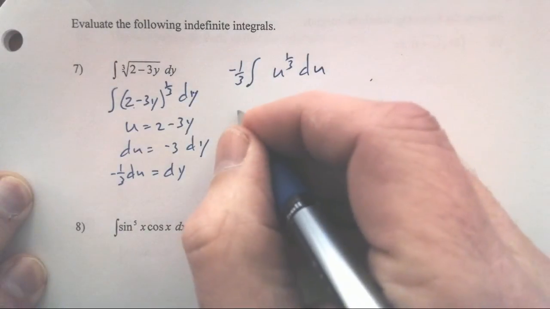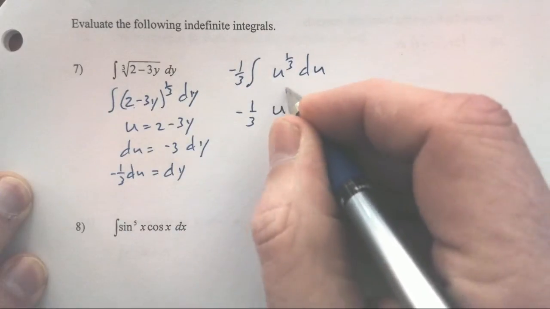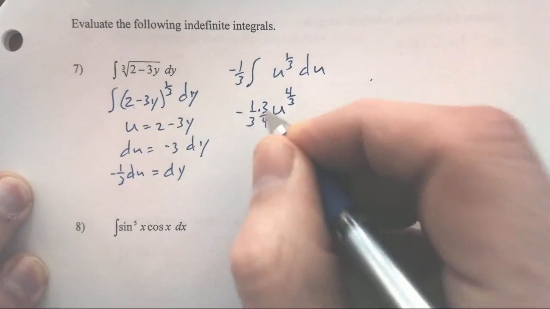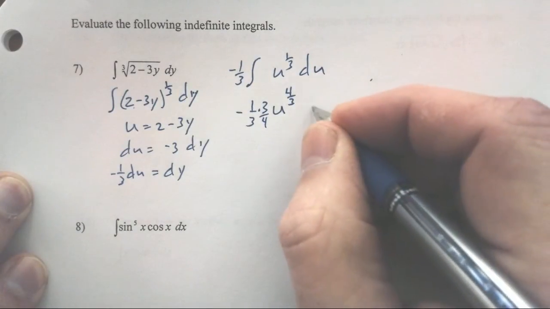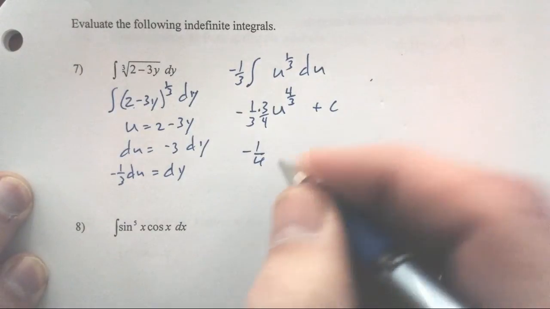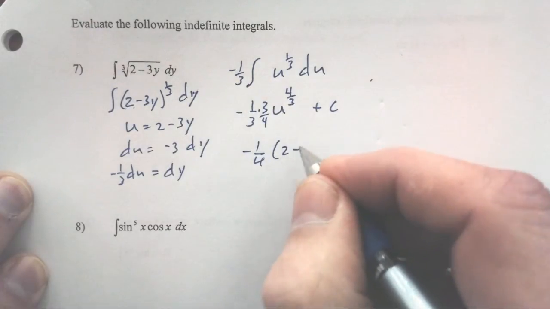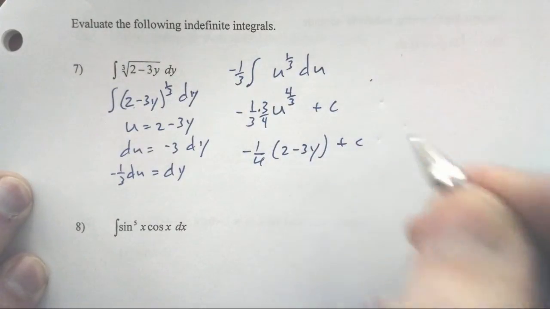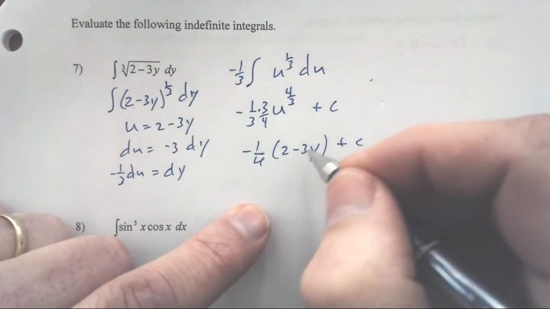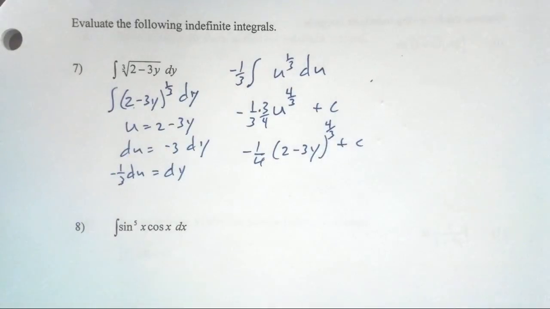Du giving me an answer of negative 1/3 u to the 4/3 on 4/3, but that's times 3/4 plus c, or negative 1/4 u is 2 minus 3y times 2 minus 3y plus c. You want to distribute that? 2 minus 3y to the 4/3. Can't distribute it now.